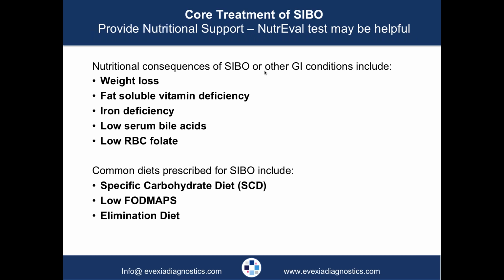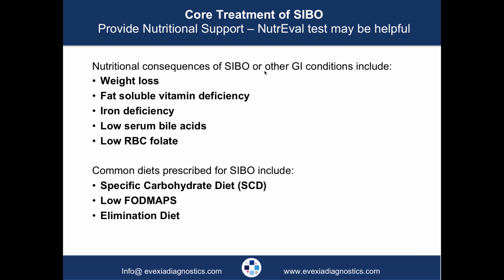Now, also, you have to think if your patient has had SIBO, irritable bowel syndrome, either C or D, odds are that they are nutritionally depleted somewhere along the line because of the nutritional consequences of SIBO and even other gastrointestinal conditions. There may be some weight loss. There's going to be fat-soluble vitamin deficiency.